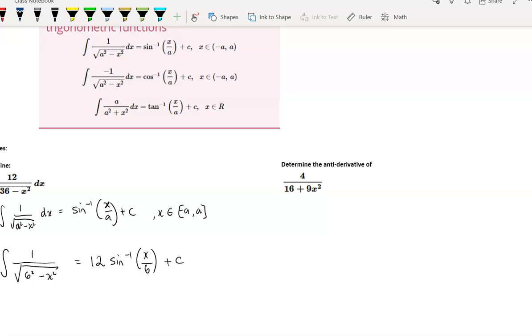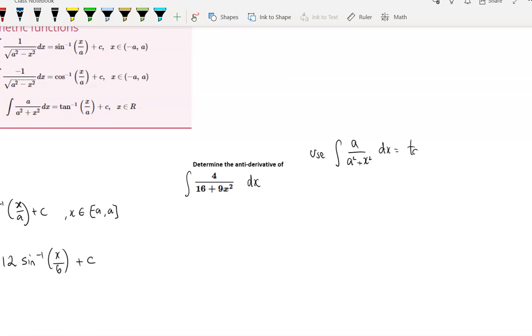So let's see, if we want to find the integral of that, dx is what we're actually trying to find. We're going to use the idea that the integral of a over a squared plus x squared dx is going to be the inverse function, tan minus 1 of x on a, plus c. And we already realise our domain is the real numbers.